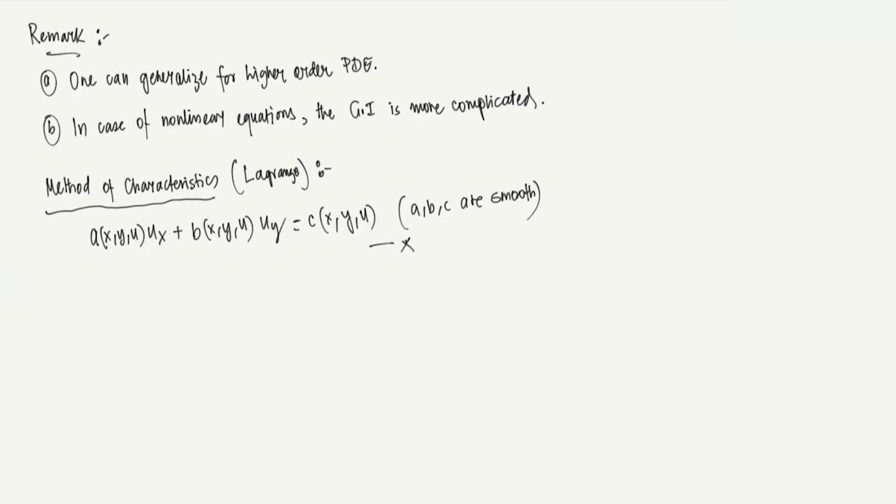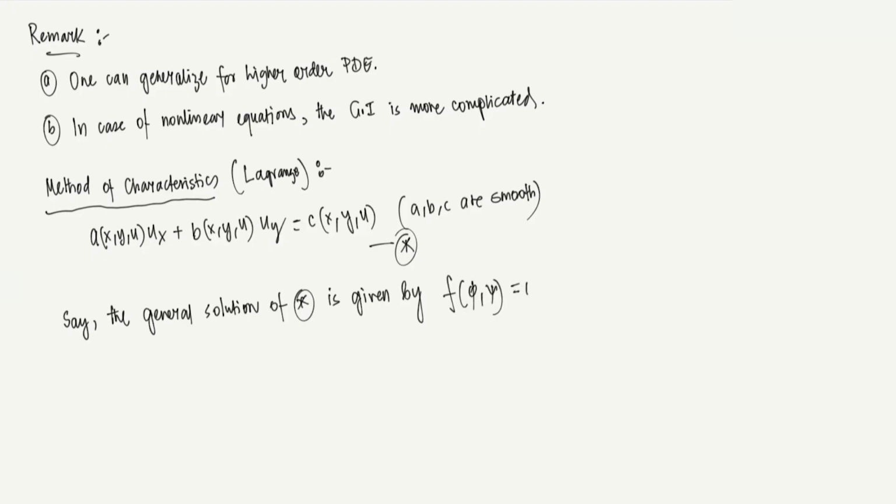Let's call this star. We want to solve this: the general solution, meaning all possible solutions. We are looking at a family of solutions which contains all possible solutions of star, if possible. The general solution of star is given by f of phi and psi equals 0.